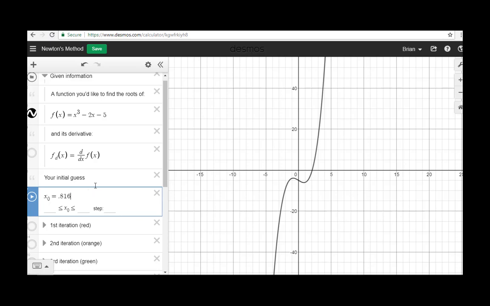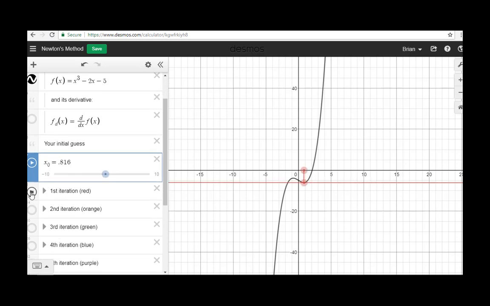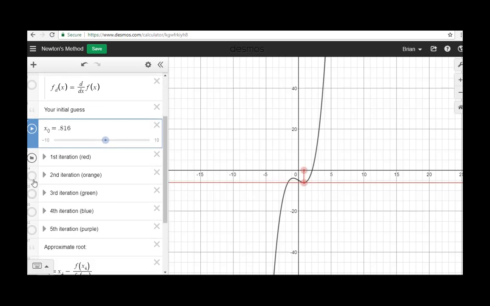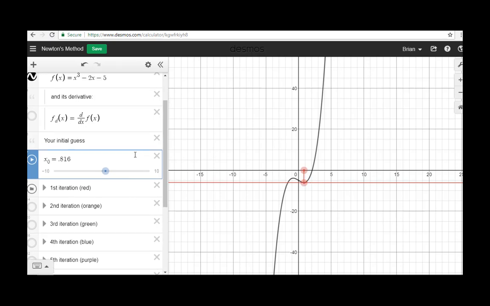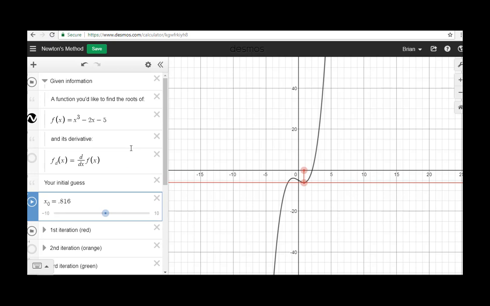If I do 0.816 and I find the first tangent, it's horizontal. And then my second iteration is nowhere, because the first tangent doesn't have an x-intercept. Remember, my tangent line has to have an x-intercept, so then I could again go find the tangent there. So if my guess is at a minimum or maximum, then Newton's method will actually fail.